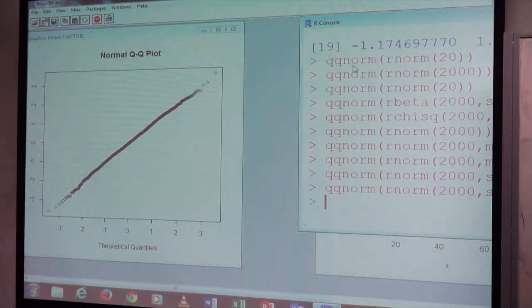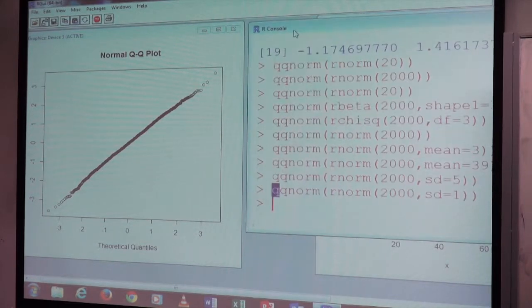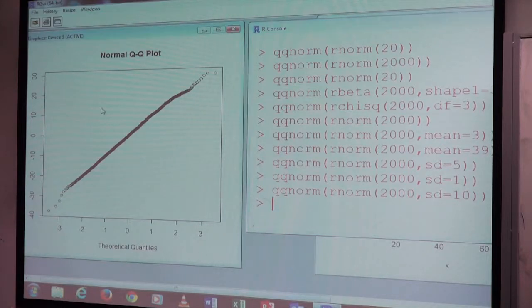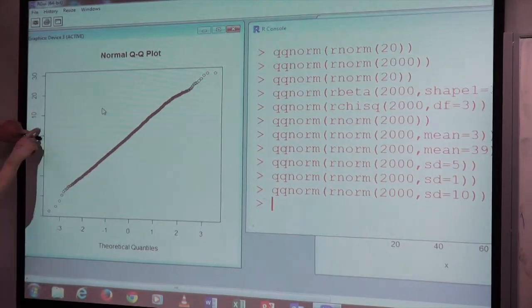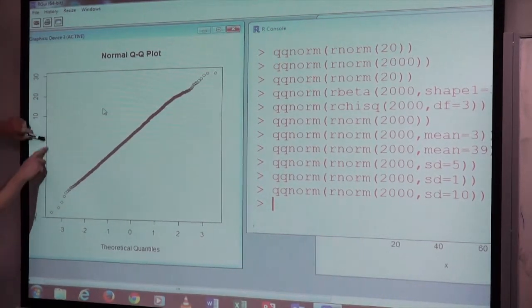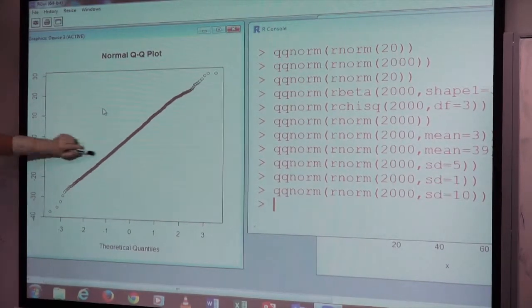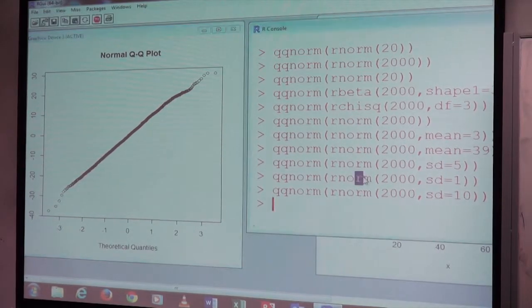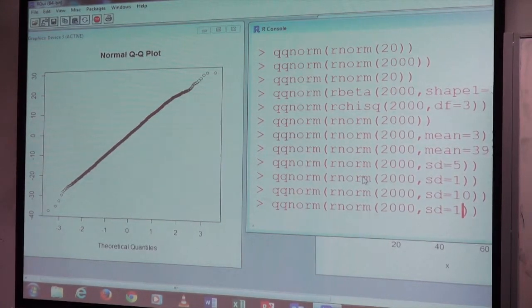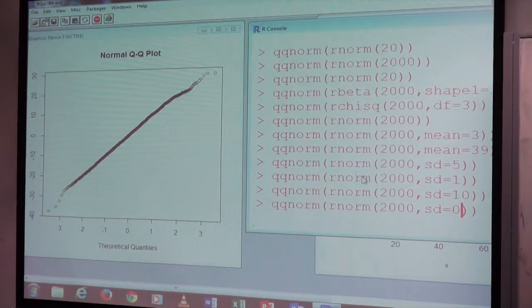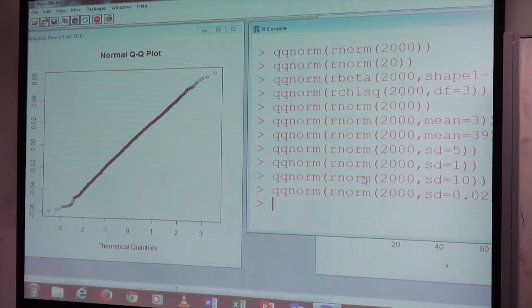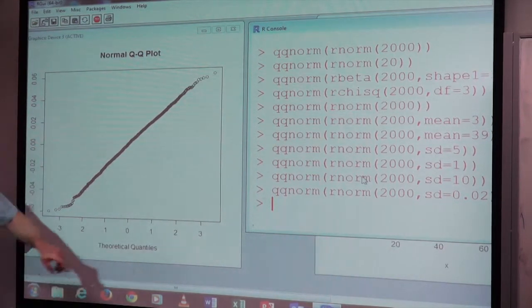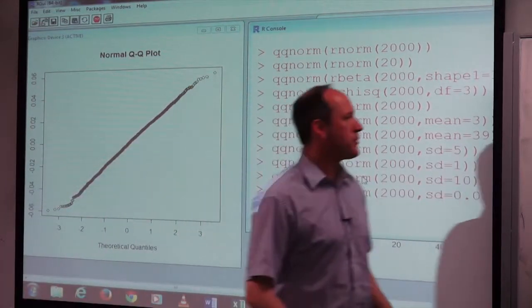So that's the standard QQ plot. If I change the standard deviation to, let's say, 10, we can see that the mean is the same, but instead of plus or minus 1, it's plus or minus 10, because it's going up to 30 and down to minus 30. And if I give it a tiny standard deviation, you can see we can play with the distributions.